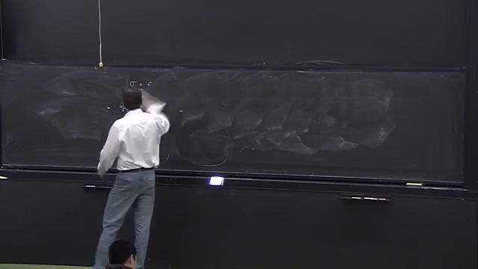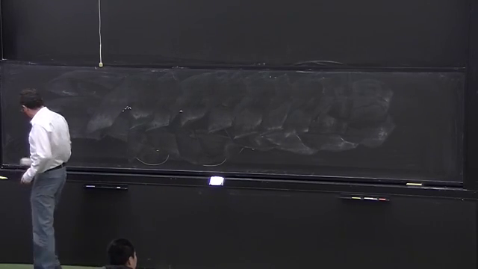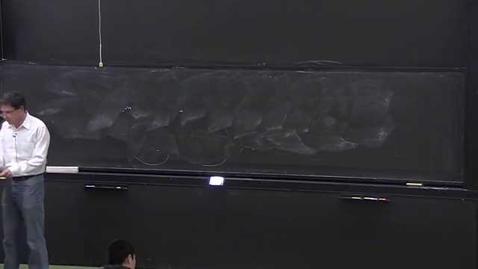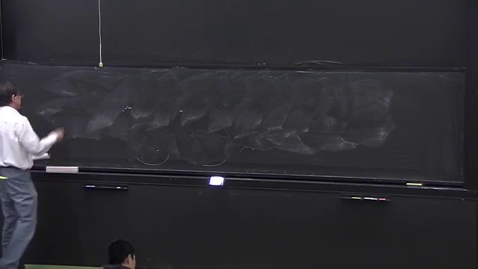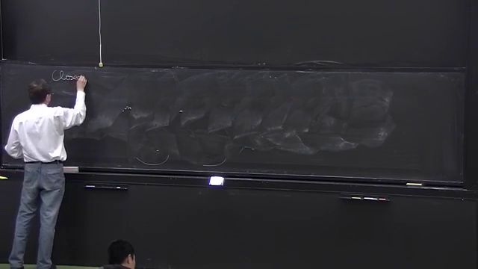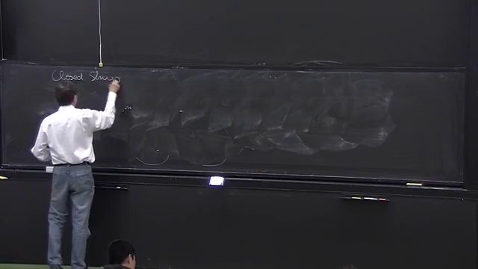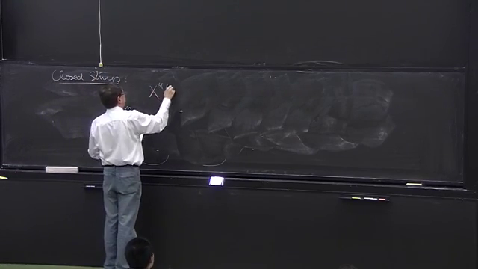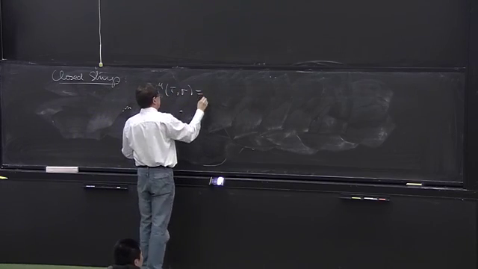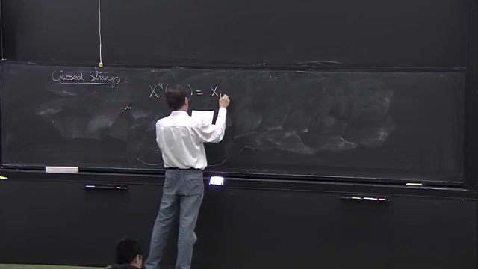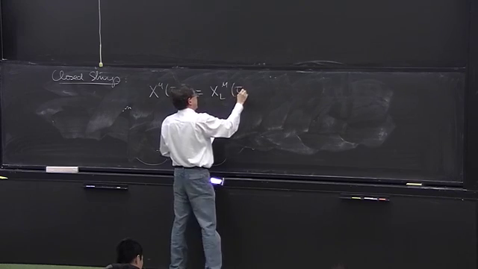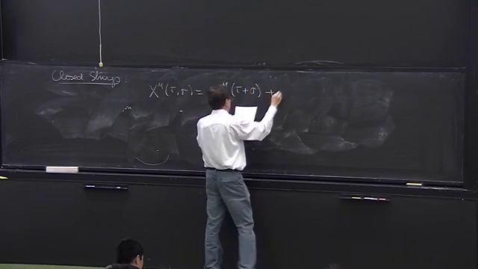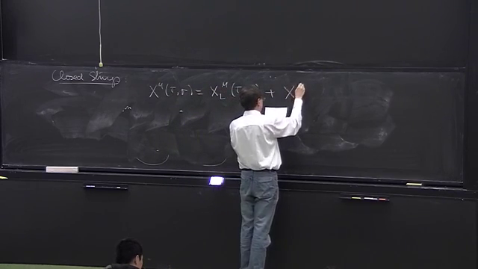So when we do closed strings, we look at x mu of tau and sigma being equal to some function that moves to the left, as you know, plus some function that moves to the right.